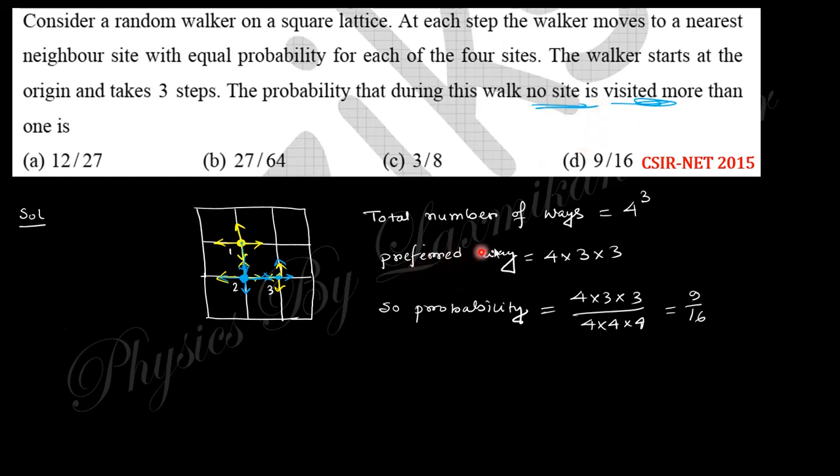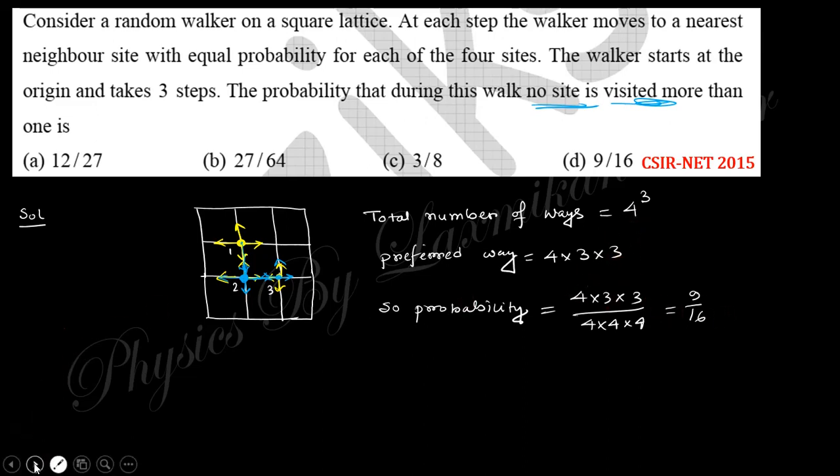So the preferred ways will be 4 times 3 times 3, divided by 4 cubed, and you get the answer.